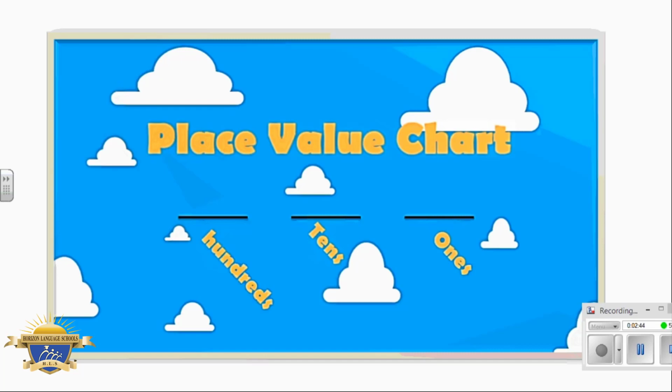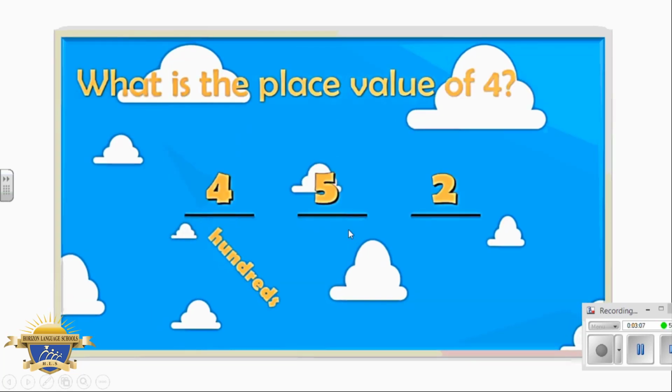We have ones, tens, hundreds, and we always start with the ones on the right side. Ones, tens, hundreds. Again, repeat after me. Ones, tens, hundreds. Okay. What is the place value of 4?